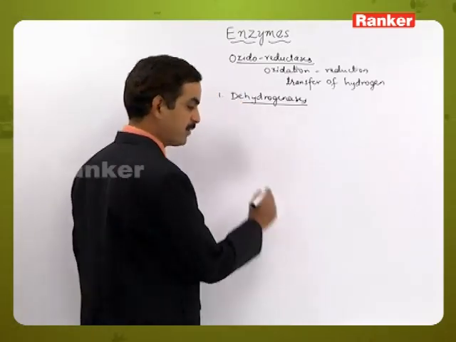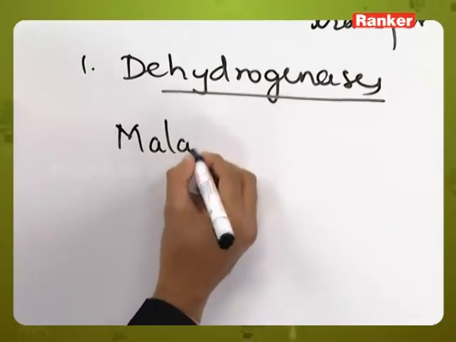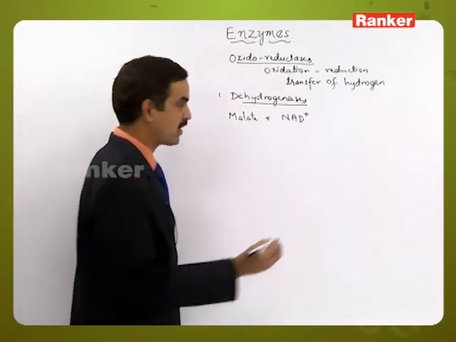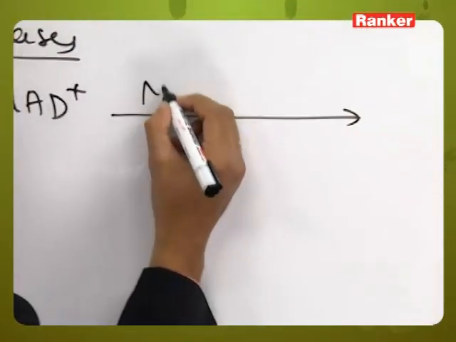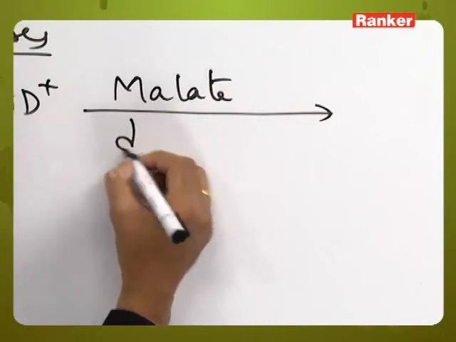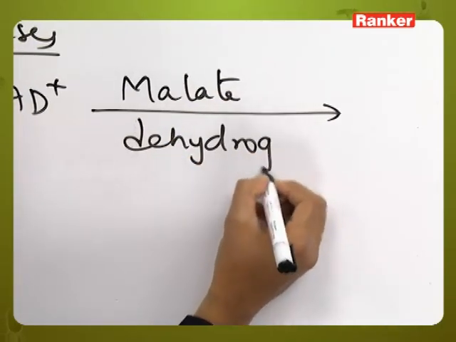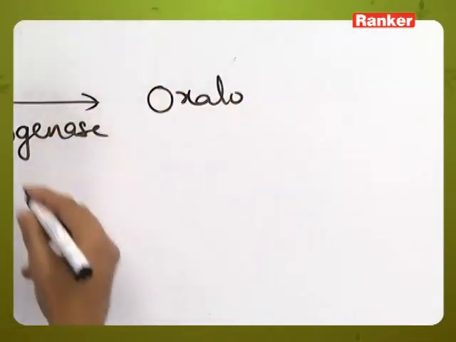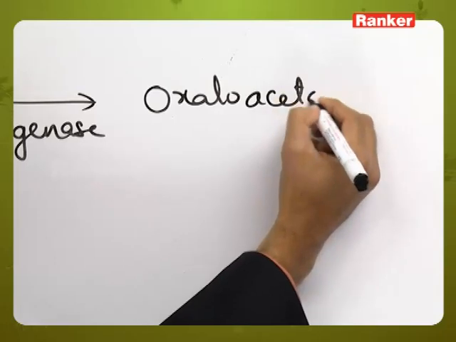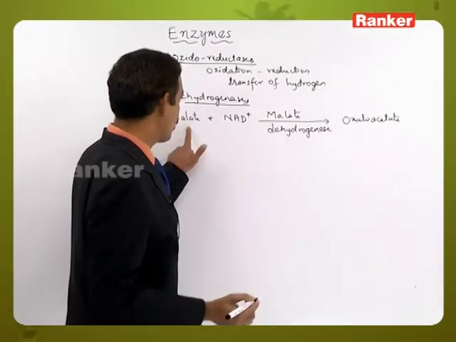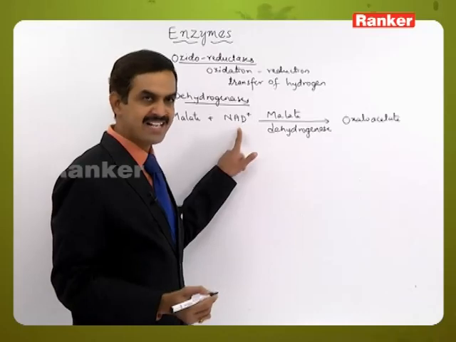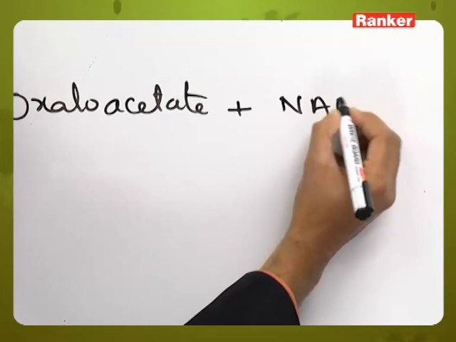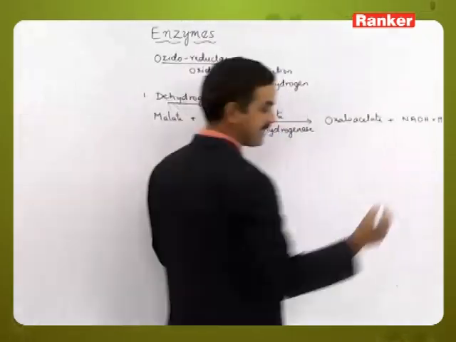Let us take one example: malate is a substrate here, reacting with nicotinamide adenine dinucleotide, that is NAD, in presence of malate dehydrogenase enzyme, and converted into oxaloacetate. Here the malate is losing one hydrogen which has been transferred to the NAD molecule. So NAD has undergone reduction to form NADH plus H plus.